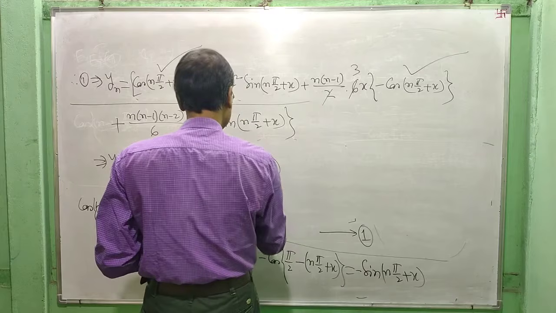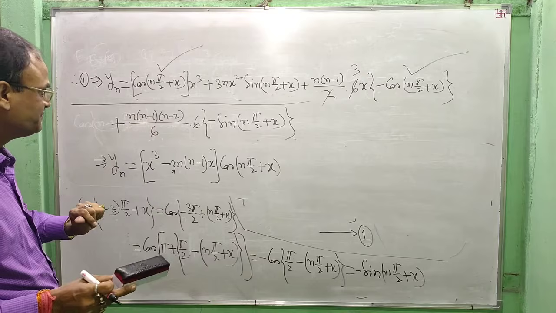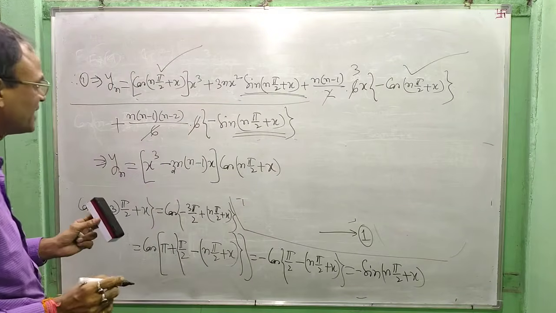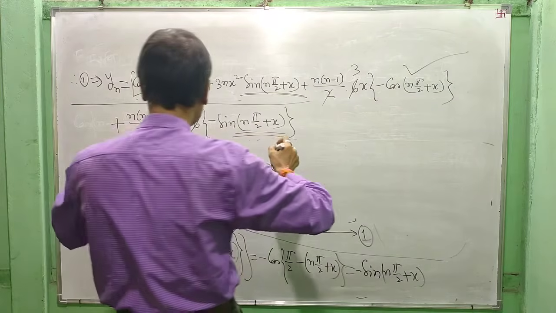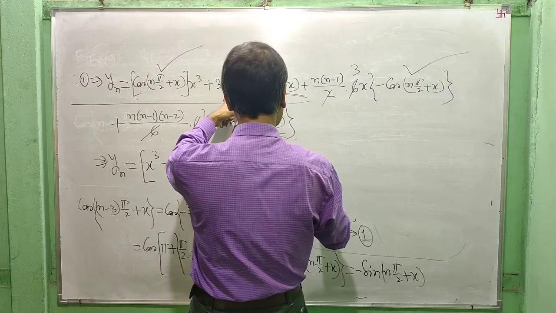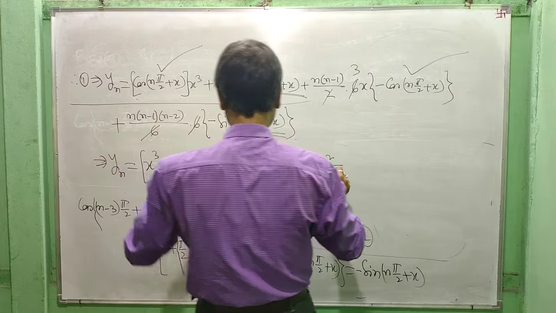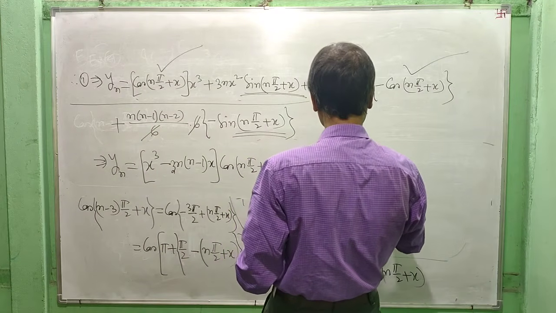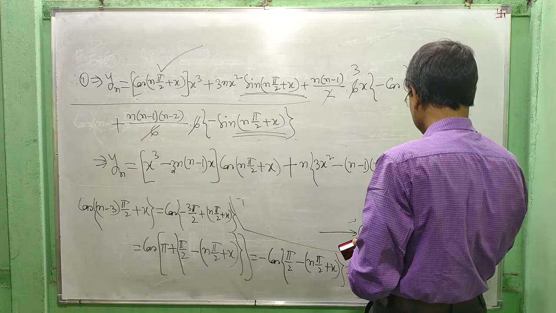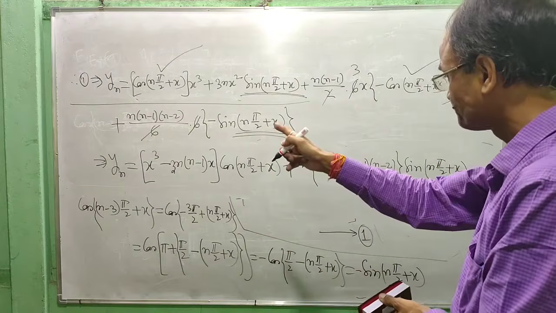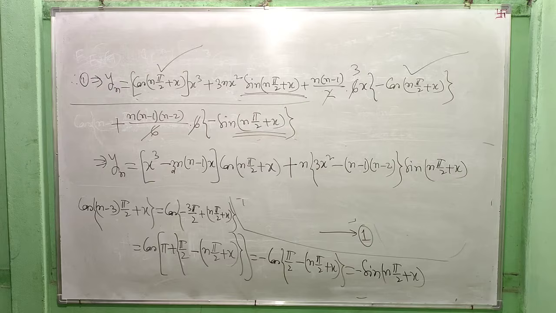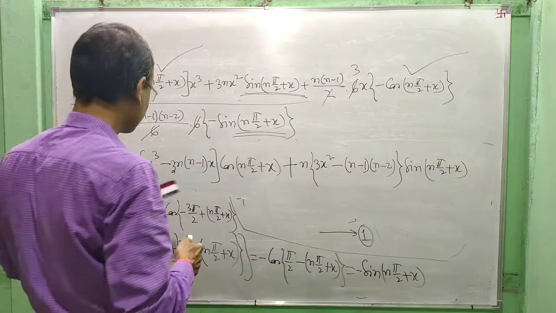Now sine of n times pi by 2 plus x, this 6 will be cancelled, plus n times thrice x square minus n into n minus 1 into n minus 2 sine of n times pi by 2 plus x. This is the nth differentiation. Answer this.